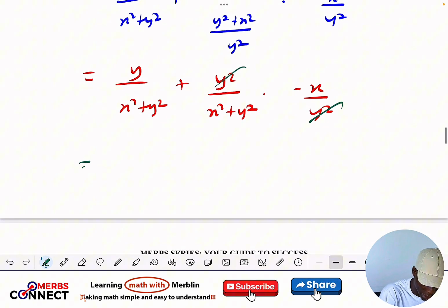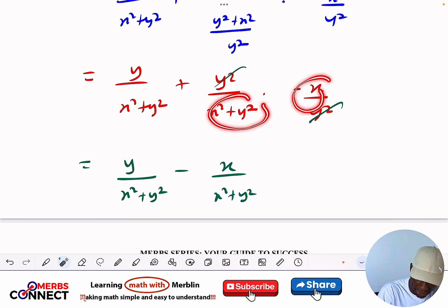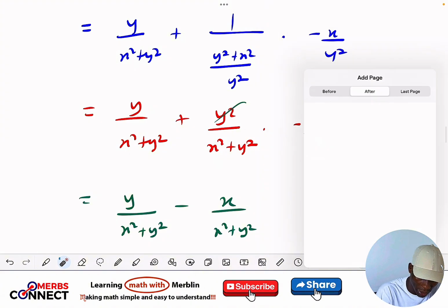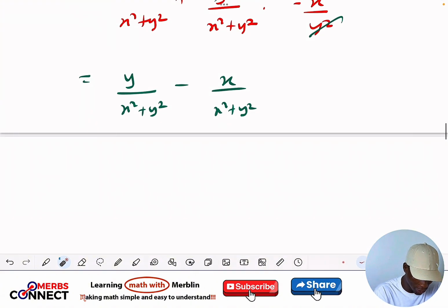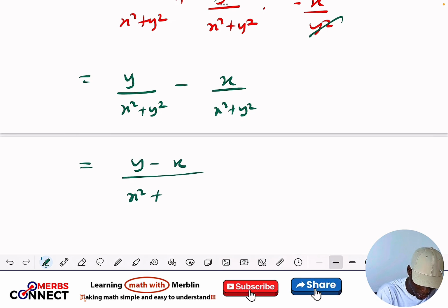So I'm going to have something like y divided by x squared plus y squared minus x divided by x squared plus y squared when I multiply this by that. This is a long solution. Now the denominator is the same, so I can combine this to have y minus x divided by x squared plus y squared.